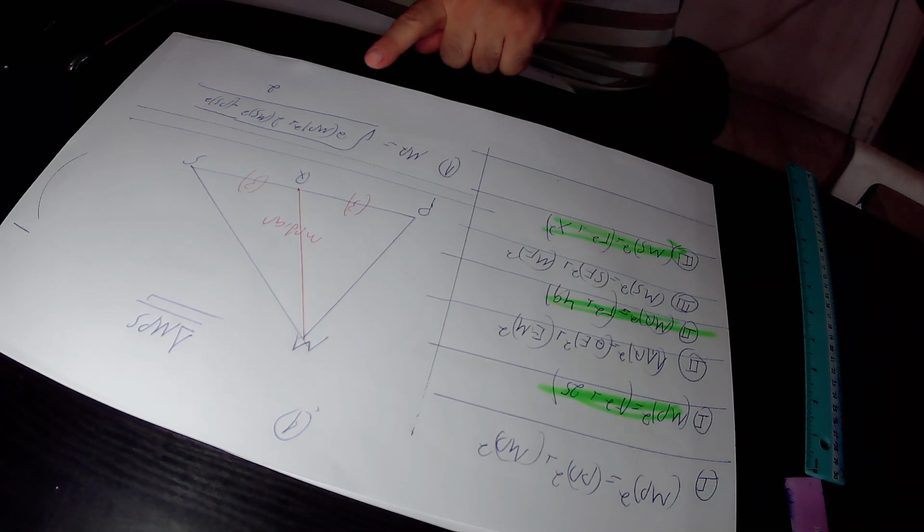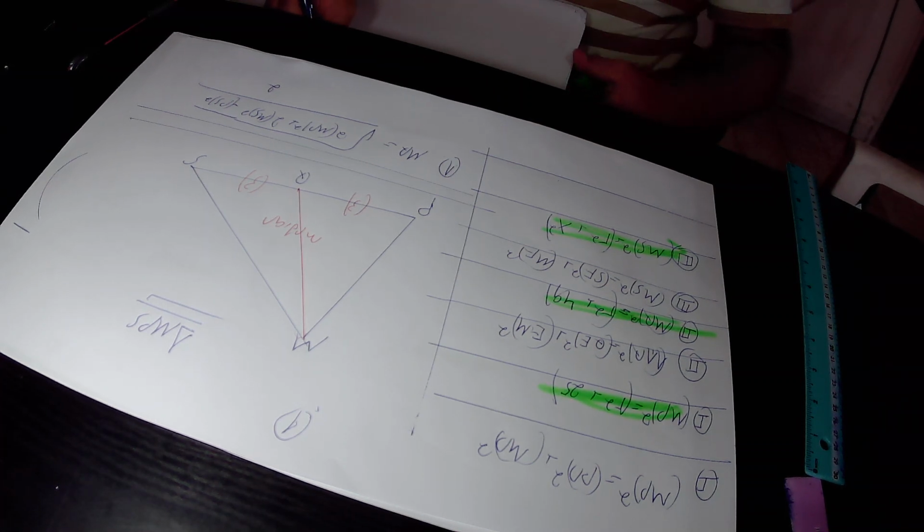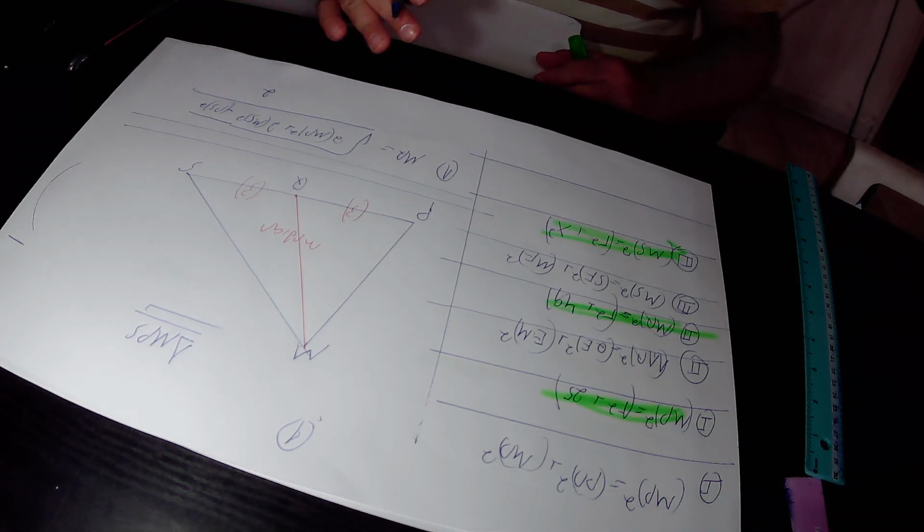Here we will multiply this equation 1 by 2, and we get that 2 times MQ is equal to the square root of 2 times MP squared plus 2 times MS squared minus PS squared.